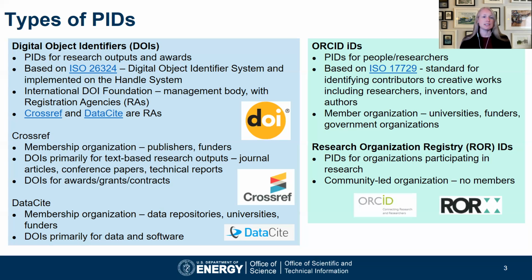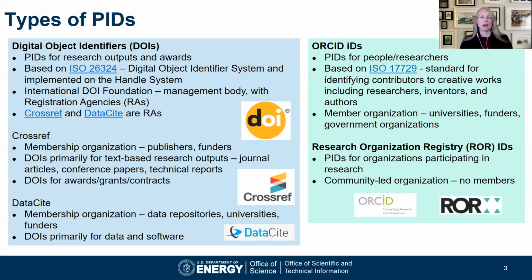So that's the DOI space, but there are a couple other identifiers that we commonly work with in open science. One is ORCID identifiers, which are persistent identifiers for people. ORCID IDs are also based on an ISO standard.